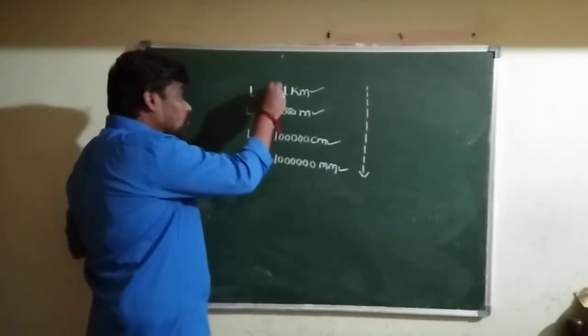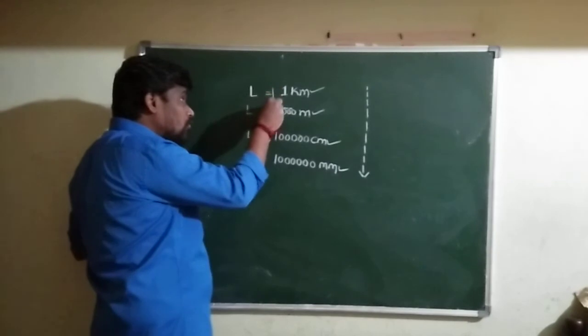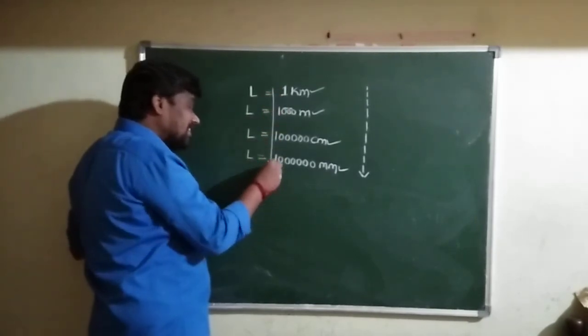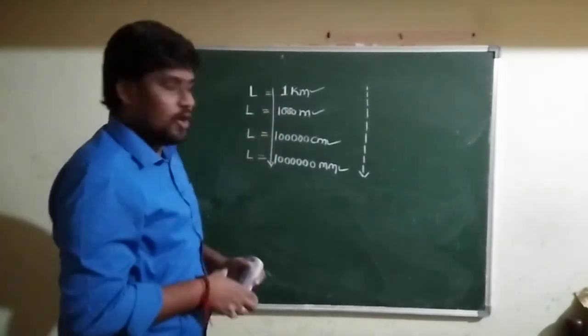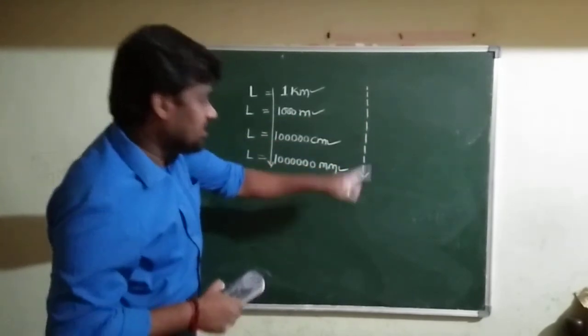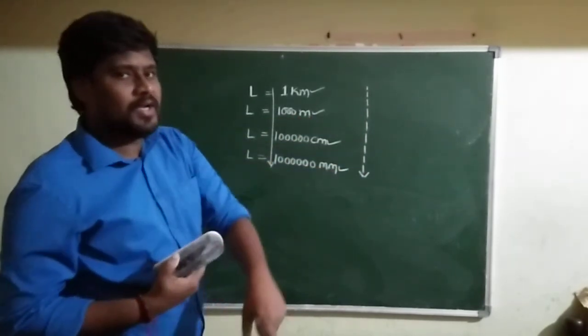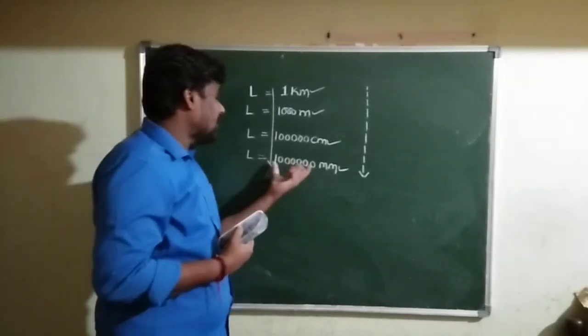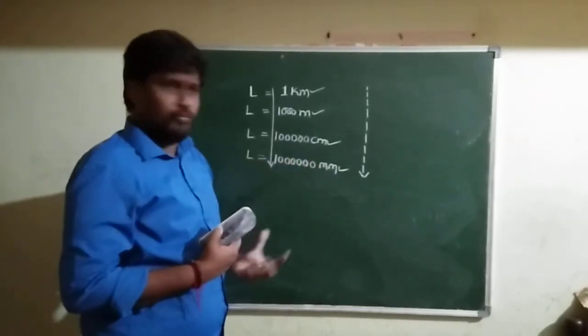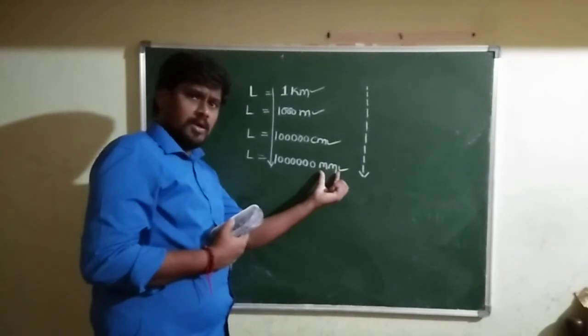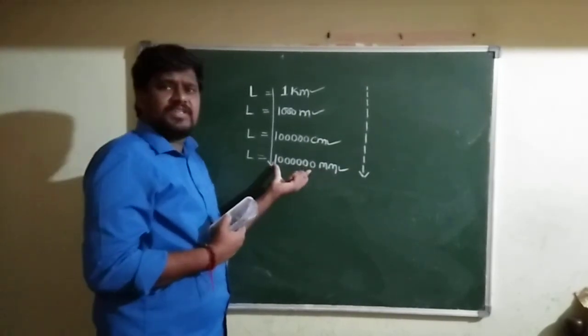Here the numerical value of the physical quantity is increased. Why? Because you started using smaller units. As I said, the smaller the unit, the greater the numerical value. Millimeter is smaller, therefore its numerical value is greater here.